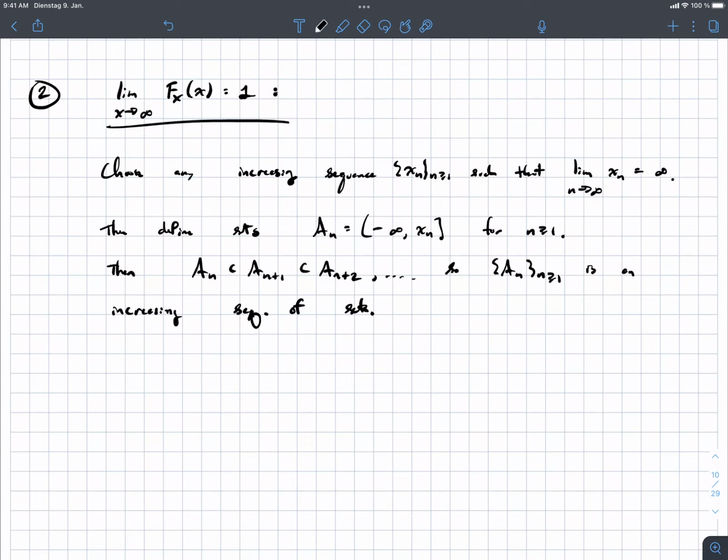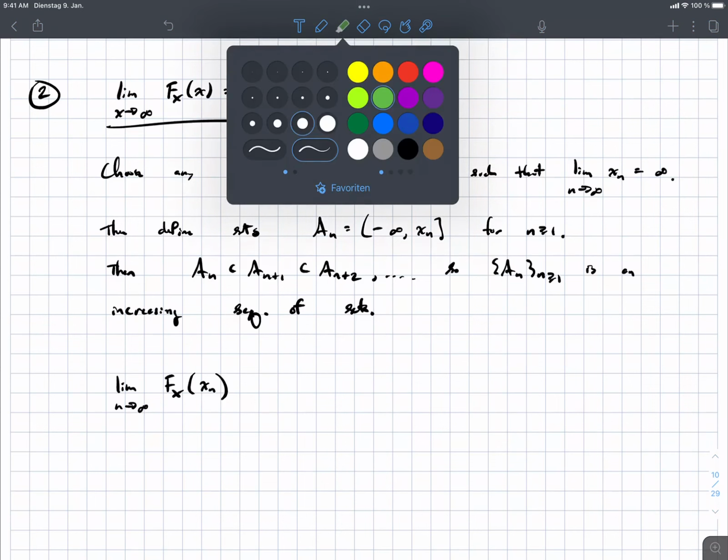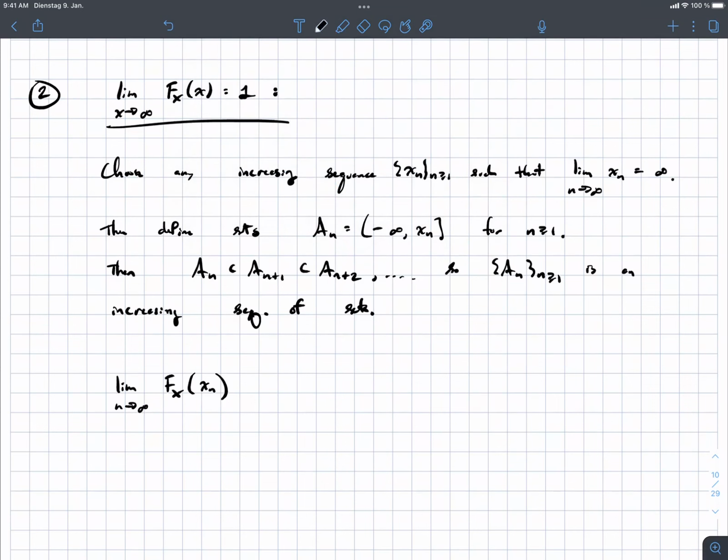Okay, now what I can do is look at the limit as n goes to infinity of this, and if I can show that this is equal to 1, that's sufficient. So this is what I want to show, and I can show it by saying that for any increasing sequence xn, this is equal to 1.